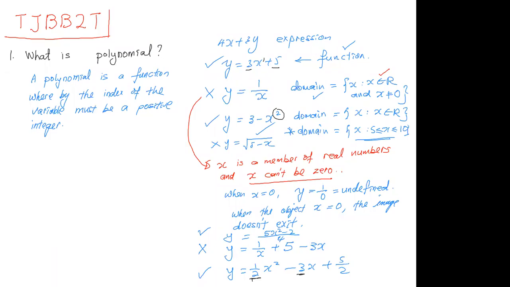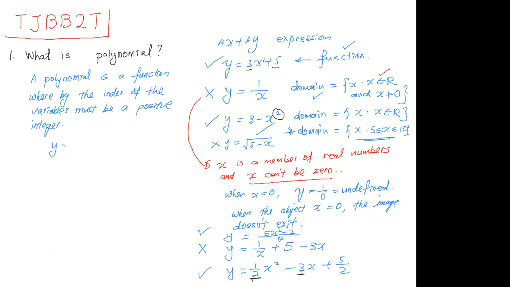Is zero included? That's why I say if you want to say positive integer can, but it's better to say whole number. Do you know why?